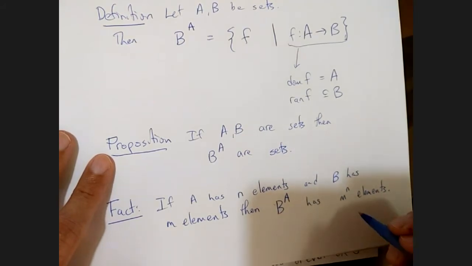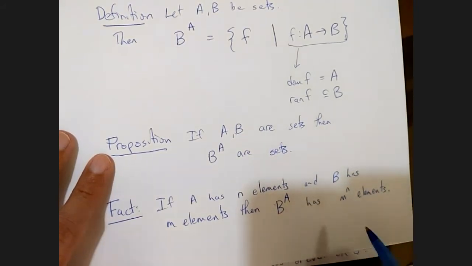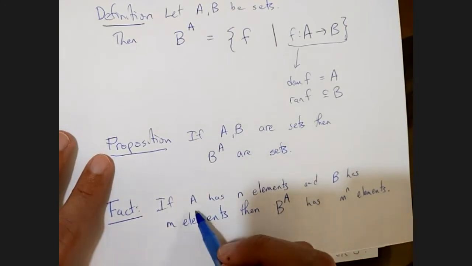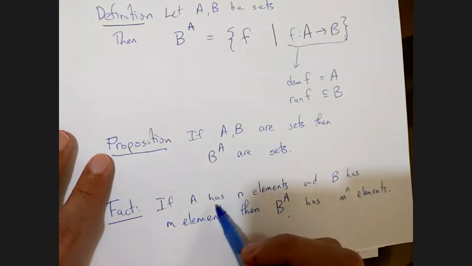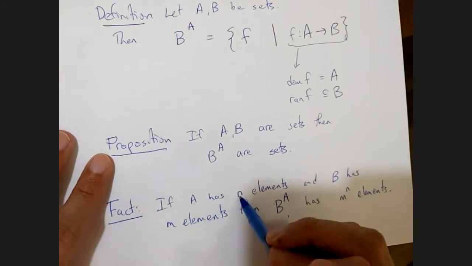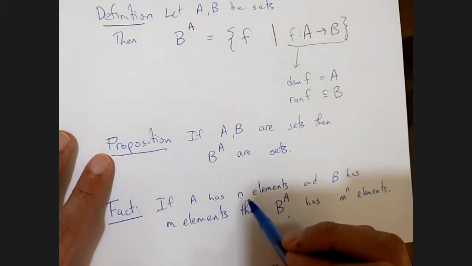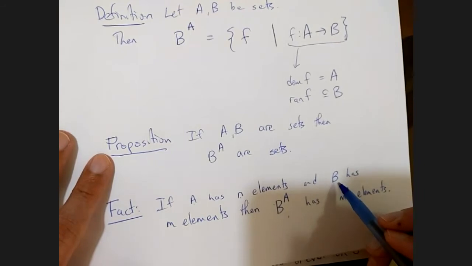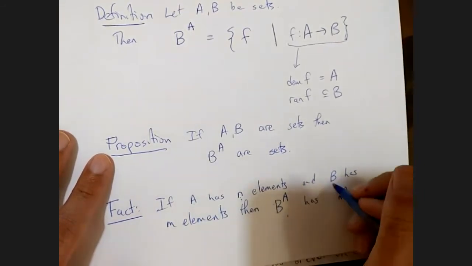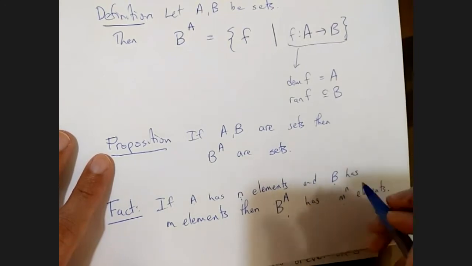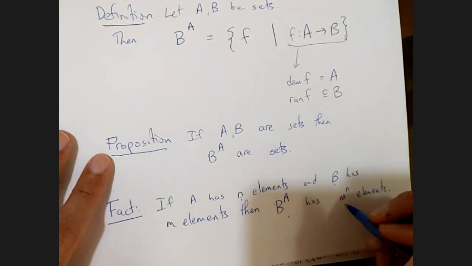But just roughly, if we want to construct a function from A to B, we go through each element of A and choose an element of B for each one. For the first element of A, we choose an element of B in m ways. For the second element, we choose the value of the function in m ways. We do that n times.